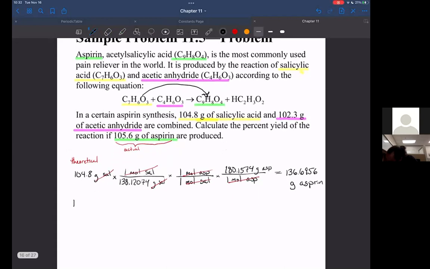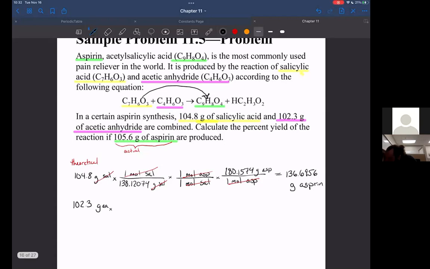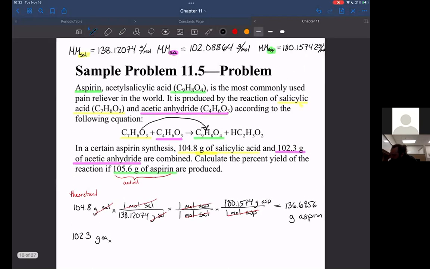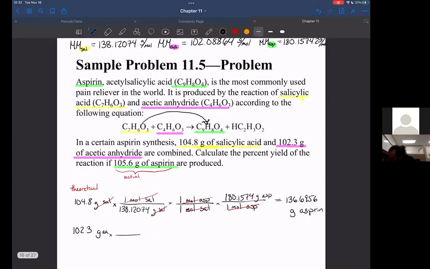So now 102.3 grams of acetic anhydride. And I'm going to play the same game. First convert it to moles using the molar mass. Then I'm going to use my balanced chemical equation to take me from moles of acetic anhydride to moles of aspirin.